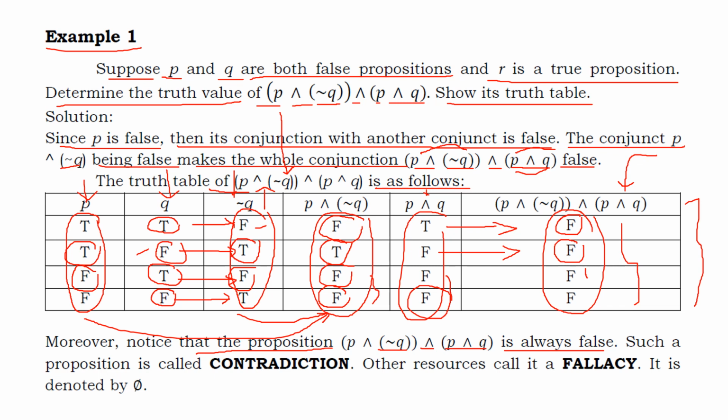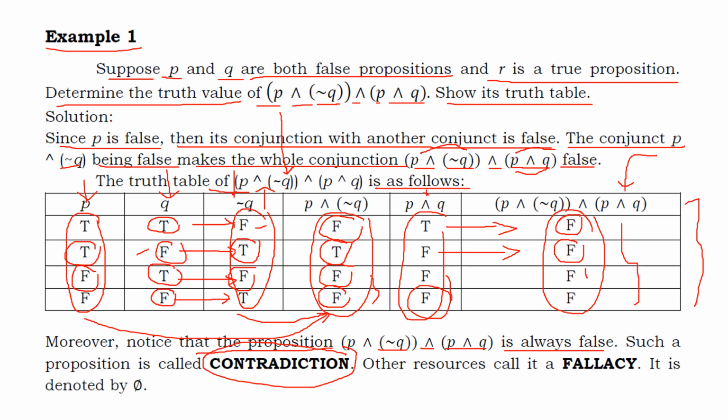Such a proposition is called a contradiction. That's why we define your contradiction as a logical incompatibility between two or more statements or propositions. Again, your contradiction is a logical incompatibility between two or more statements or propositions.